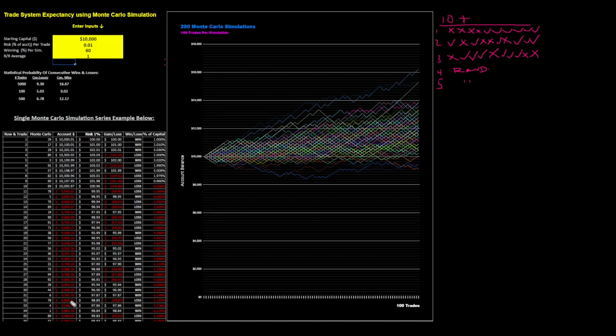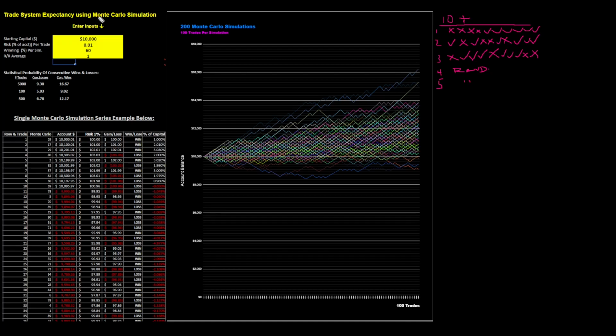His account goes down, so the risk goes down as well, because it's always 1% of the current account balance after your win or your loss. Then this shows you the amount gained or lost on 1% risk, and this is the result. Was it a win or a loss? And then this is the percentage of initial capital that's been won or lost. And so that's what that is.